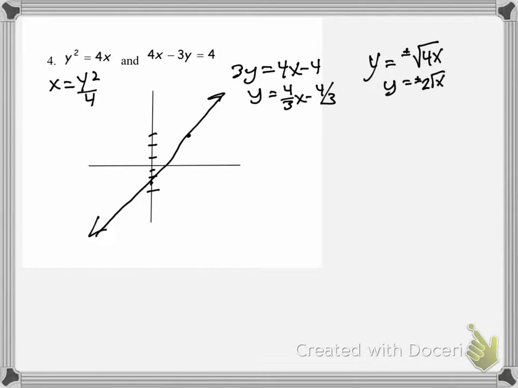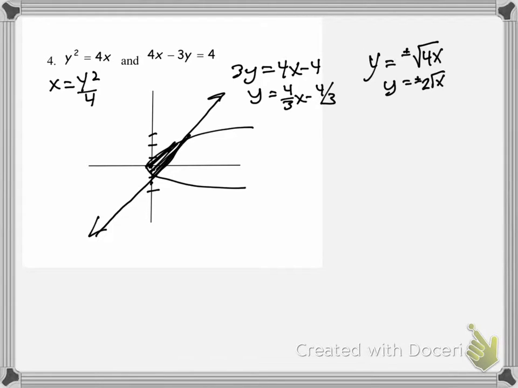If I put 0 in, I'm going to get 0, so it has to be at 0, 0. We don't know where it's going to intersect, so we're just going to draw it, and then we'll figure out these points. So it's talking about this area.